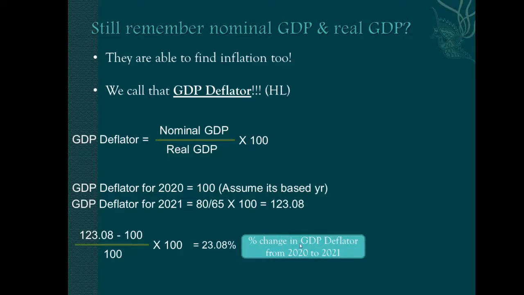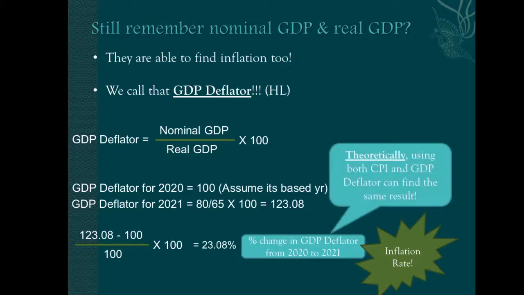That is the percentage change in the GDP deflator from 2020 to 2021, so that is the inflation rate for that year. Based on the data that we have, you will find the same number. So based on theory, if we use both CPI and GDP deflator, we can find the same result.